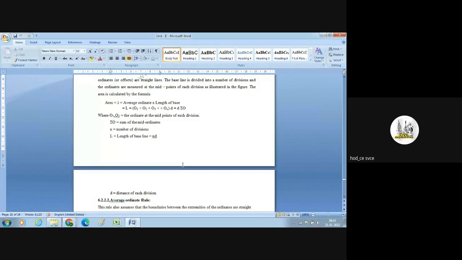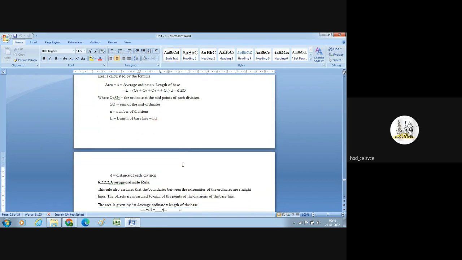That is L by n equals D. So area equals O1 plus O2 plus O3 so on to On, multiplied by D. That is the final formula, which we write as D times the summation of O, i equals 1 to n. That is the formula for the mid ordinate rule.